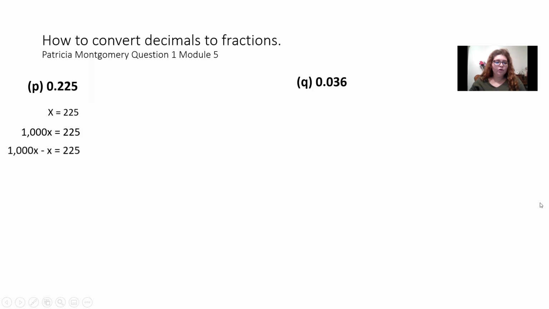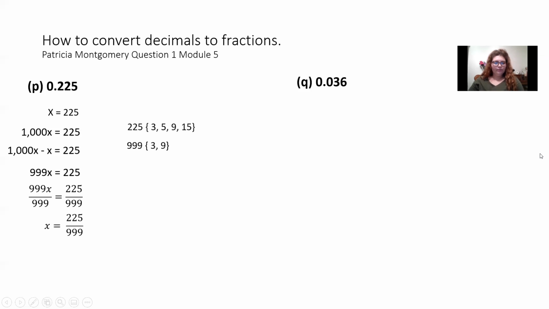And then we are going to subtract x from both sides. When we do that, we get 999x equals 225. Now we're going to solve for x. We're just going to divide by 999, and you're left with x equals 225 over 999.